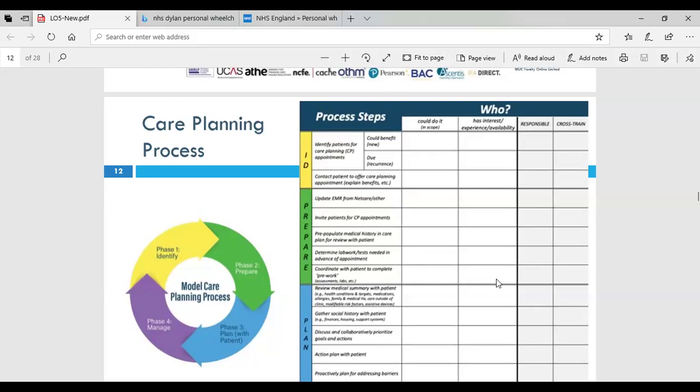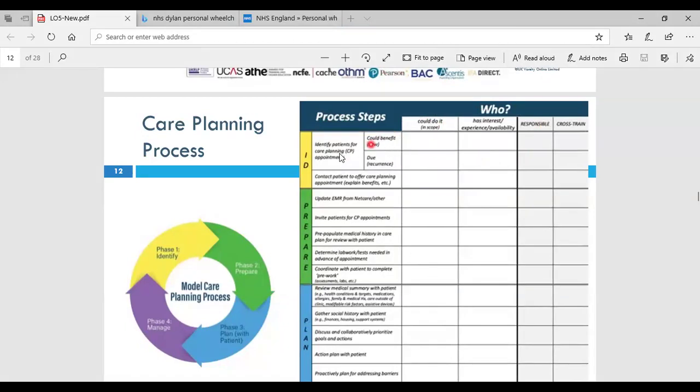And in phase 4, you manage the care plan that has been made in collaboration with the patient themselves. So sometimes you'll need these process steps. This is a good chart to follow.